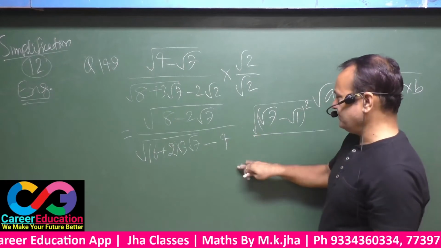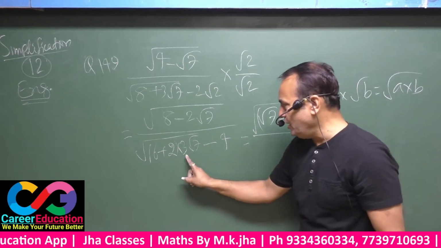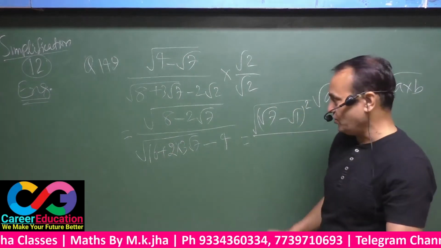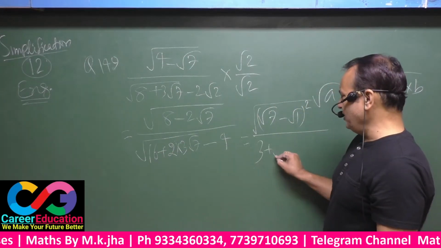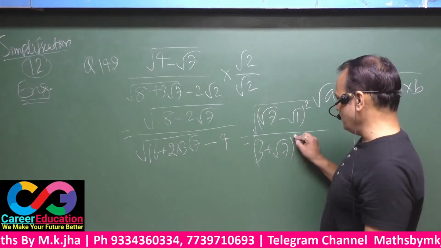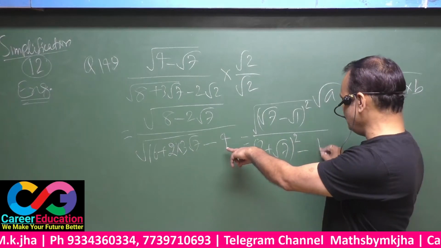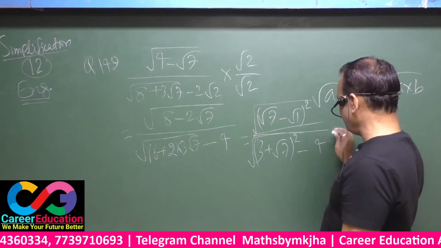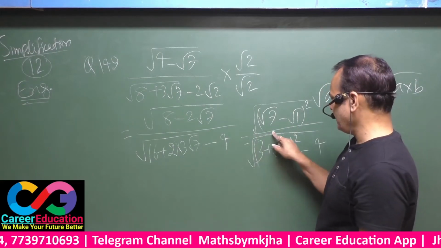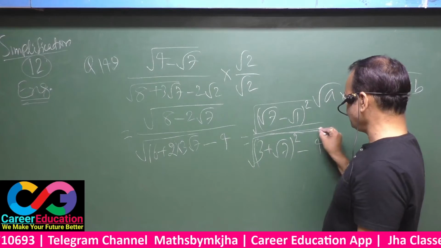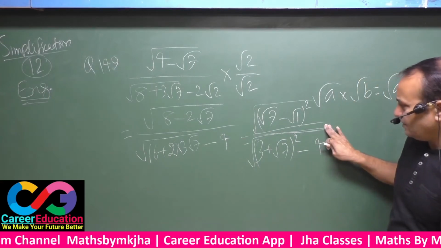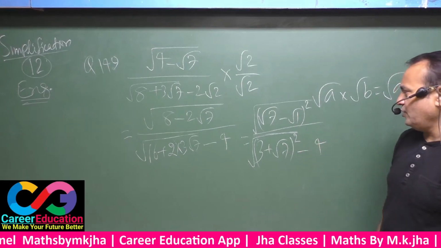Again, see here. This is 2AB, 3 square 9, this square 7, after addition 16 is there, okay? This can be written as 3 plus root 7 whole square minus 4, under root up to only, okay?